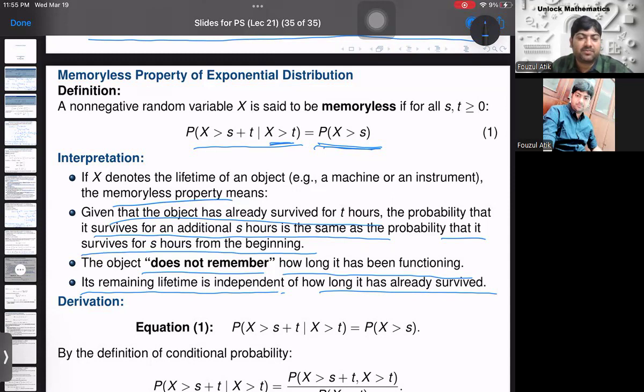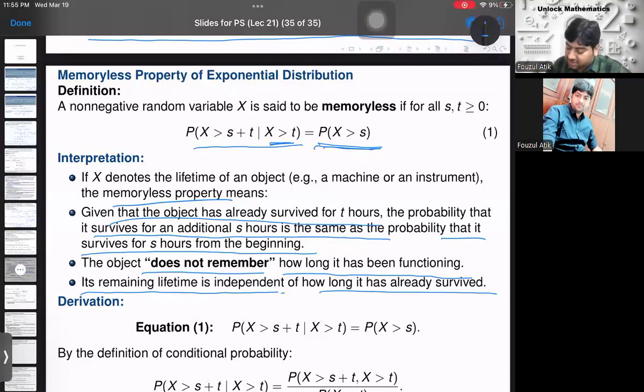The 10 years it has survived, it doesn't remember. Or you may say a total of 11 years survived, given that 10 years is already survived, is the same as the probability that it survives more than 1 year. Got it?